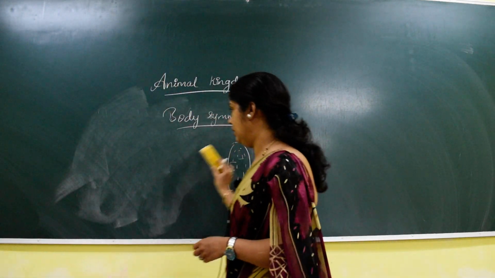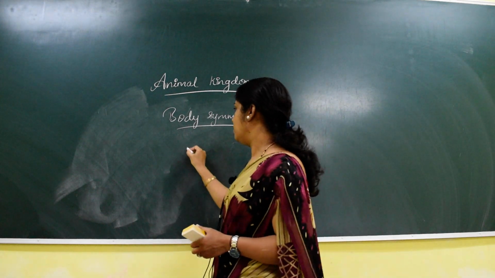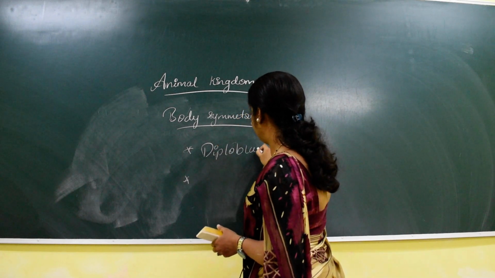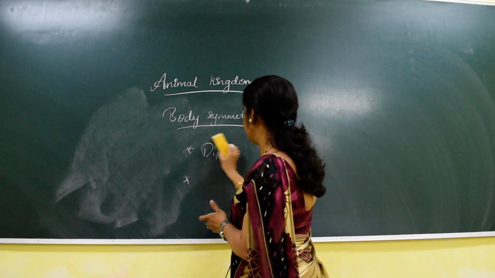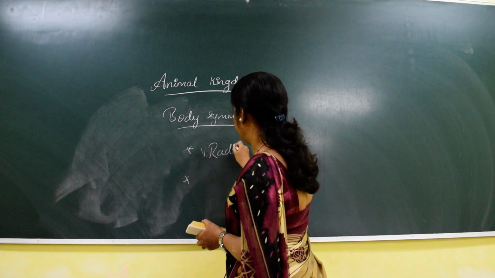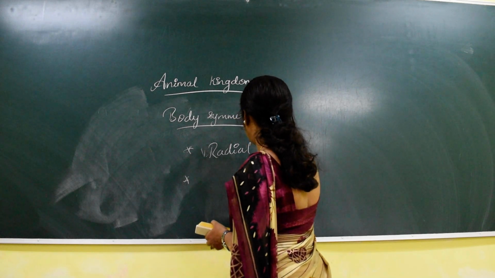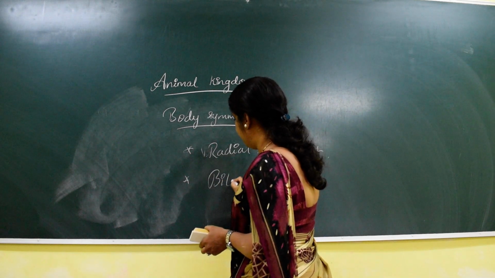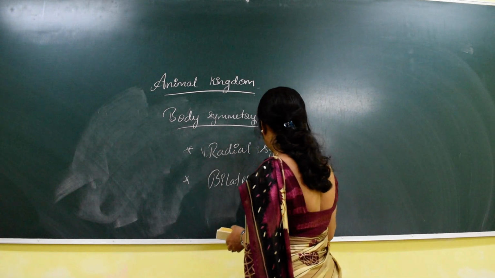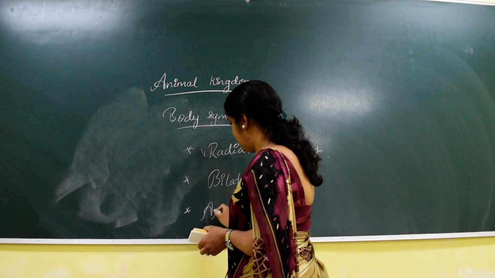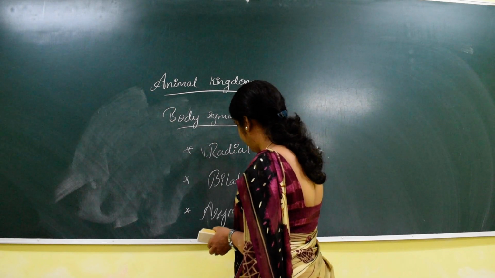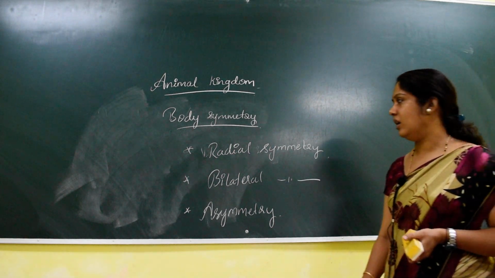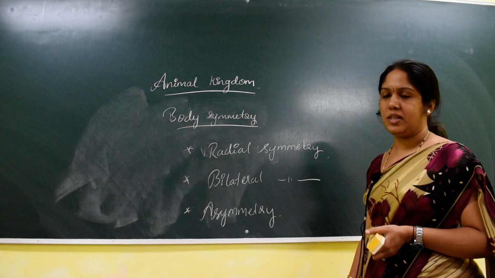Now here, body symmetry has 3 types. One is radial symmetry, another is bilateral symmetry, and the last one is asymmetry.